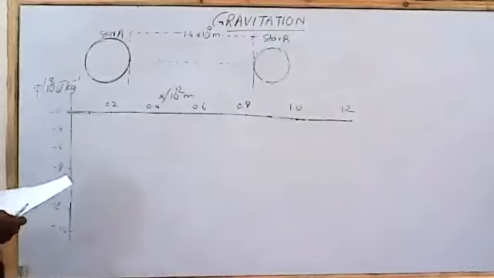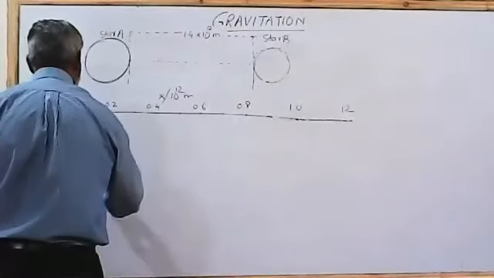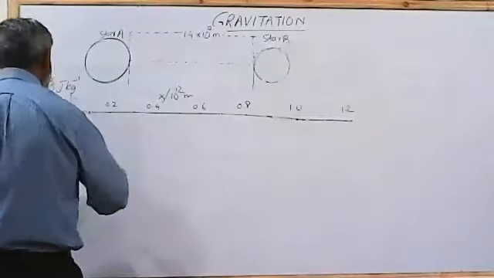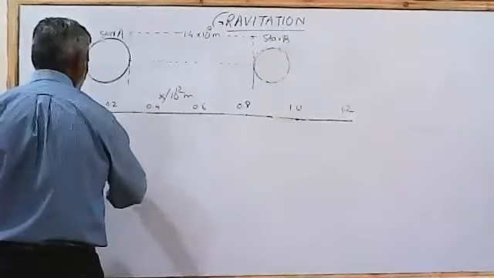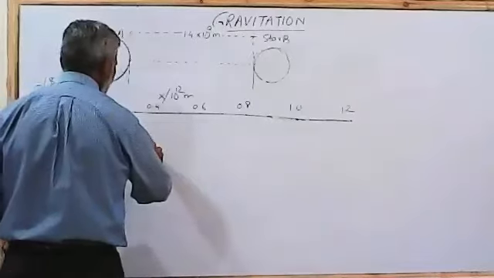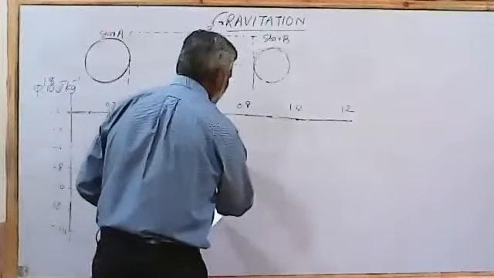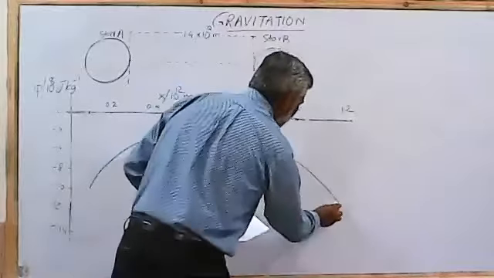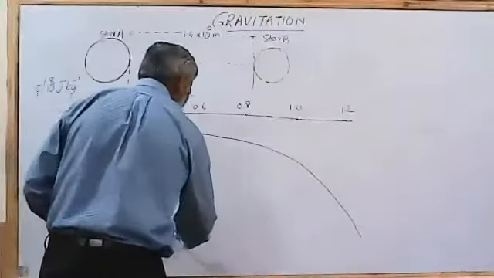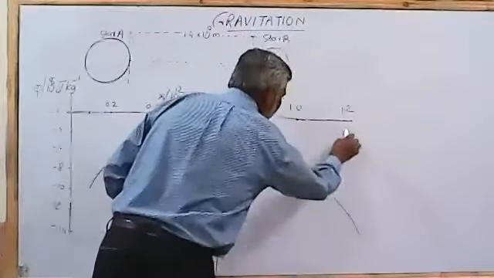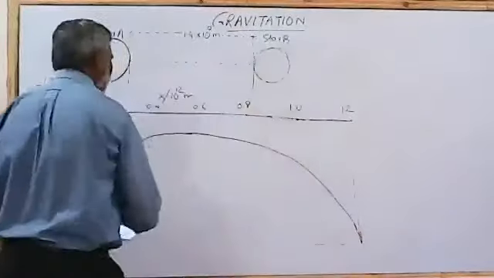This is how these values of the potential change with distance, this is the kind of curve they have shown. The curve continues and it falls to this level at this position.